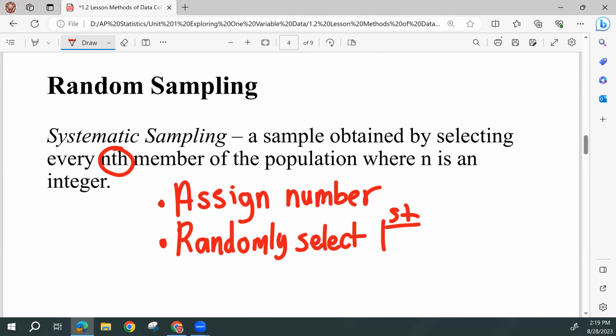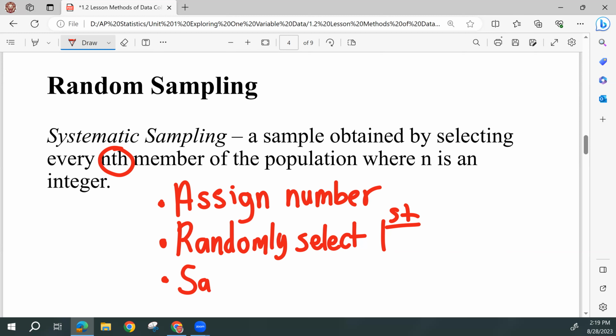So maybe we add 10 to the first student number and then select that student, and then 10 more, and we'll select that student, and then 10 more, until we have our sample, which I think I said 100. So we would do that for 100 students. Add 10 to their number every time, or take the 10th person above that student number, and then the 10th and the 10th.